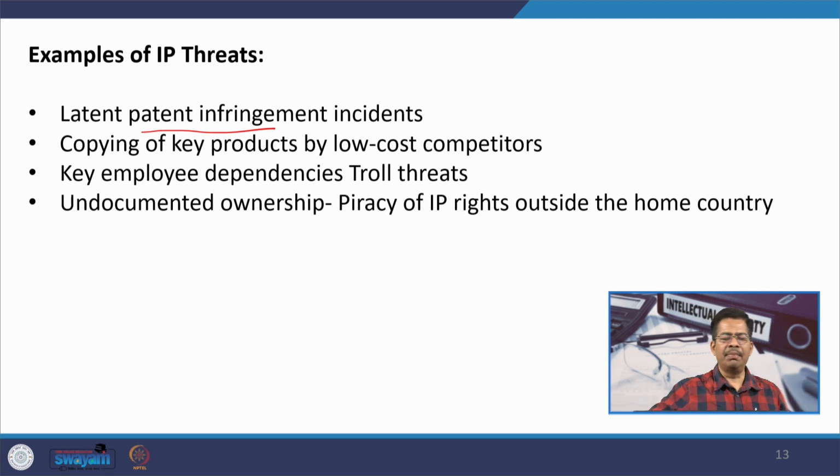Some multinational company started using your technology in its products or processes, and if somebody is using something in a process, because it is all internal to the organization, you may not even know that your patent is infringed there. Like copying of key products, we know how various sports products, for example Cosco rackets, are copied so much in almost all cities.